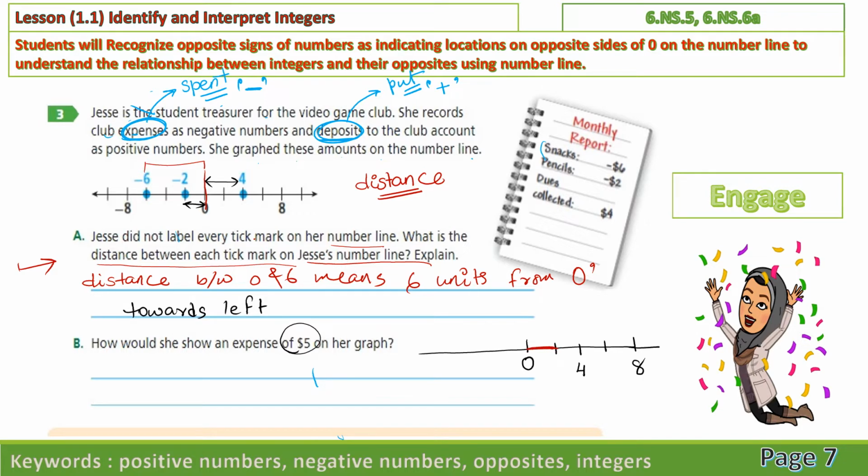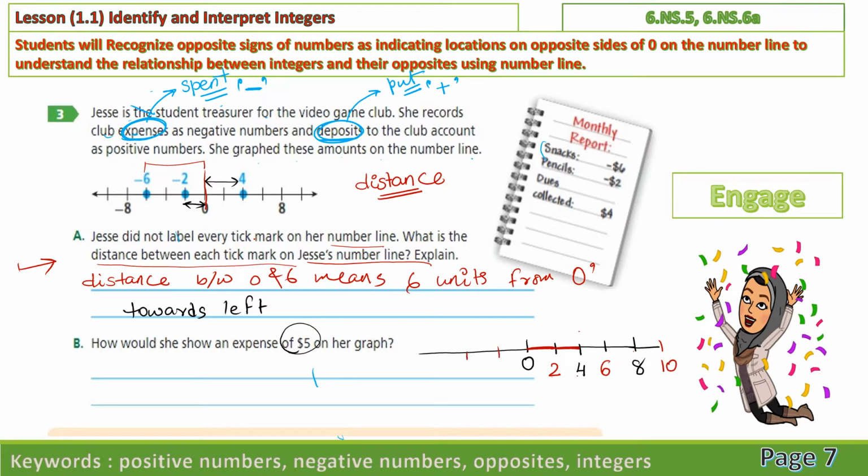Look, if 2 boxes equal 4, 4 boxes equal 8. It means that one box equals 2, which means they are the multiples of 2, right? So 2 times 1 is 2, 2 times 2 is 4, 2 times 3 is 6, 2 times 4 is 8, 2 times 5 is 10, and so on.